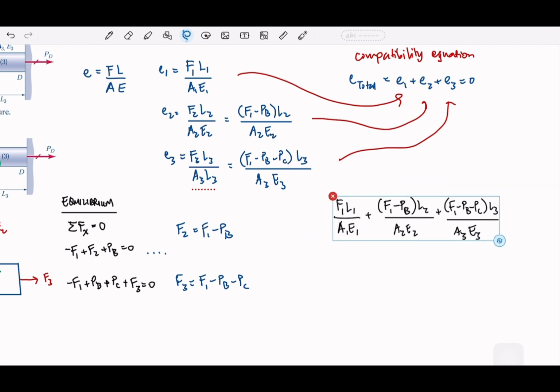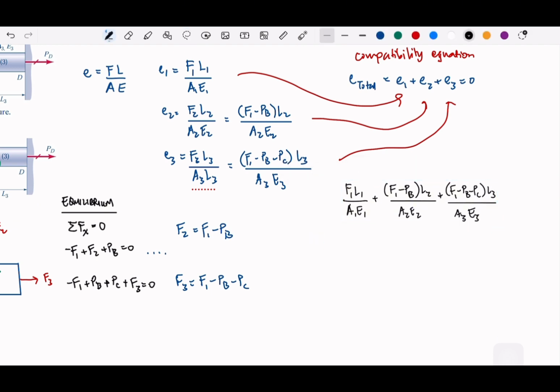Let me resize this. And basically we can solve this F1, okay? We can solve this F1 and we can get the F2, we can get the F3, okay?